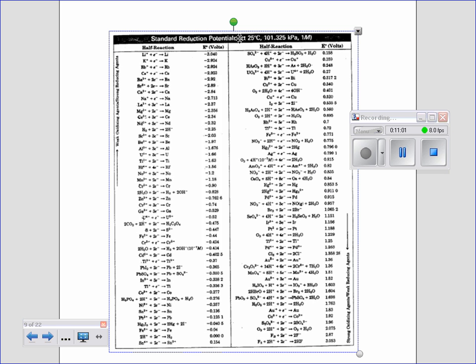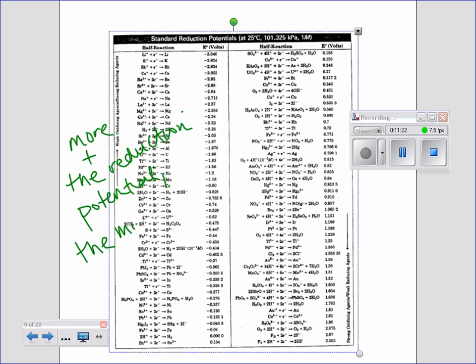Now, how do we know which one to flip and not flip? Well, that's based on the value of these numbers. Do you see how they're in numerical order? The more positive the number, the more positive the reduction potential, the more apt it is to be reduced.